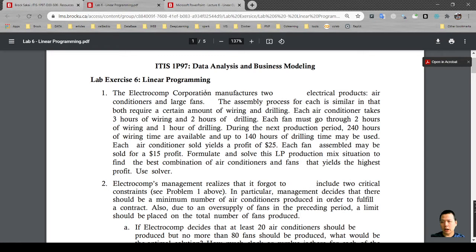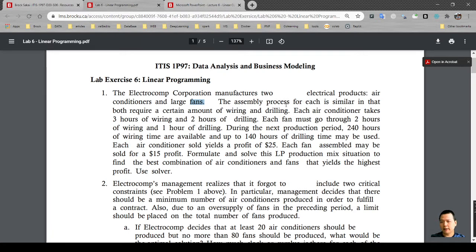So let's come to the first question here, as an example. The first thing is you need to figure out what the variables are. Normally the variables will be the products or options you have. Here, this company manufactures two products: one is called air conditioner, and another one is called fans. Those two are important information.